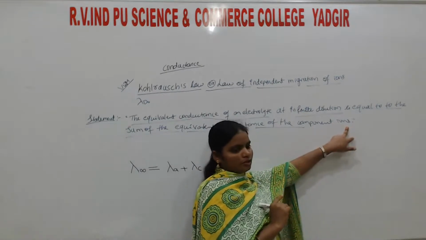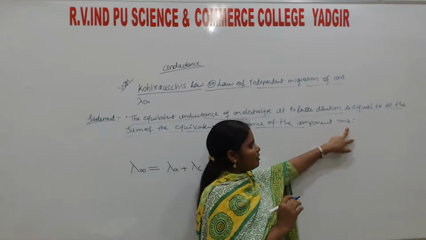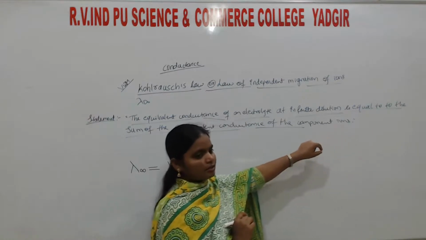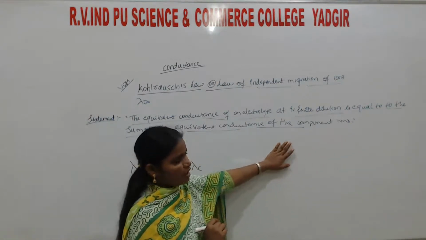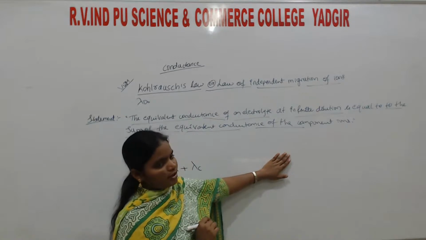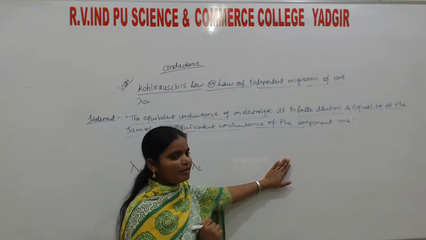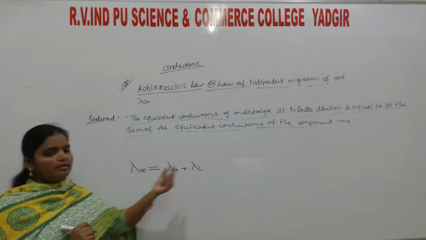Ions means the positively and negatively charged ions: the positively charged ions are cations, and the negatively charged ions are anions.